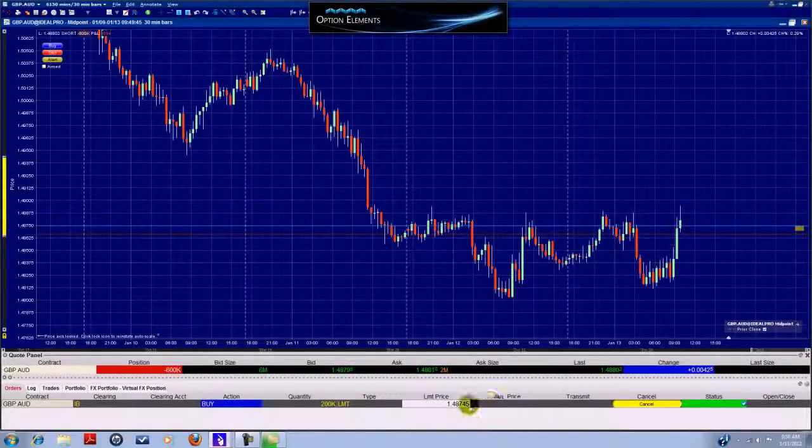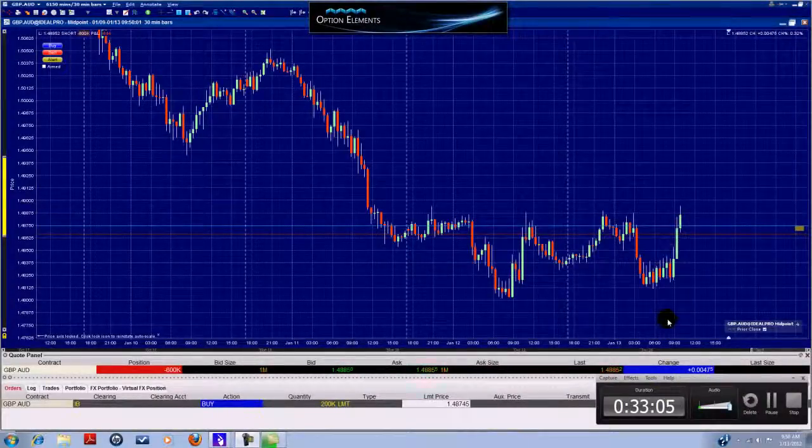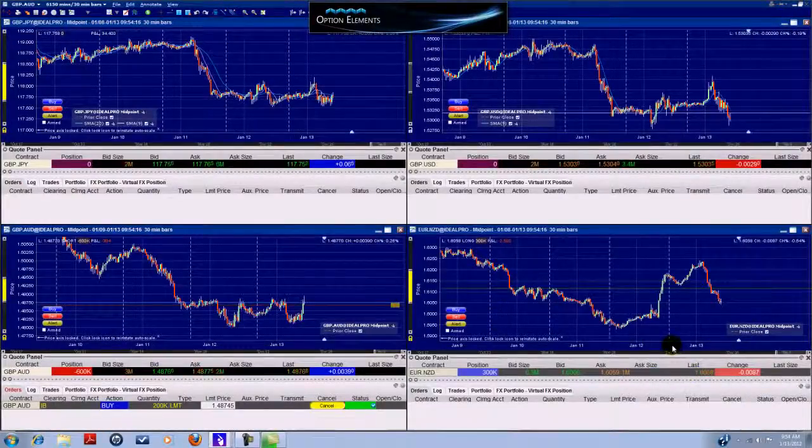I've got the order in right here at 74.5. We're 80 by 81. So we'll see if we get filled on that. That's my next move, and then I'm going to start ratcheting my break-even line higher if we can. So I'll be back when we get close to the order getting filled, if it gets close.